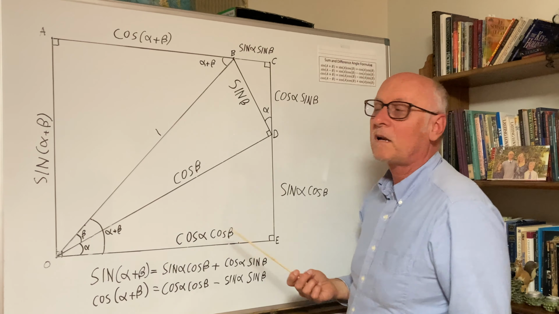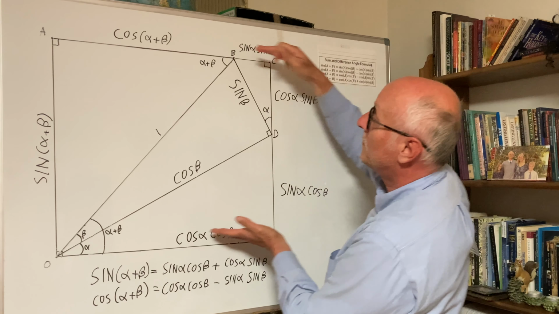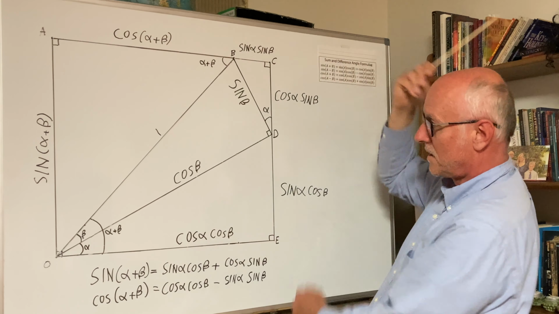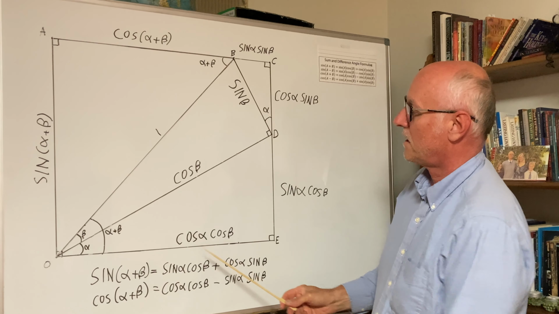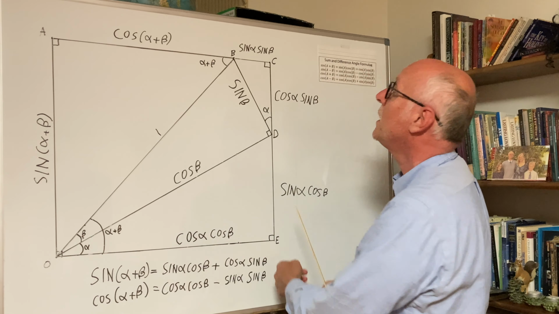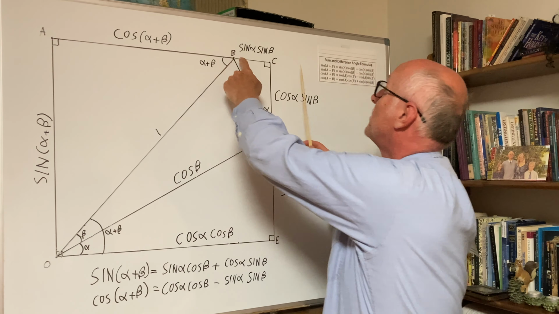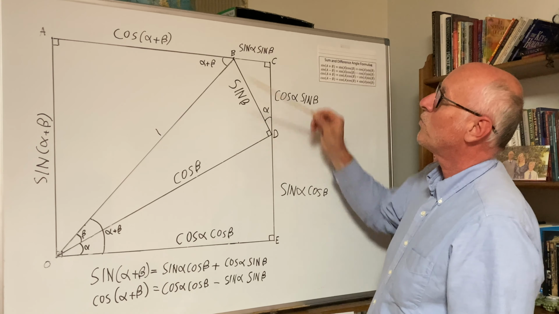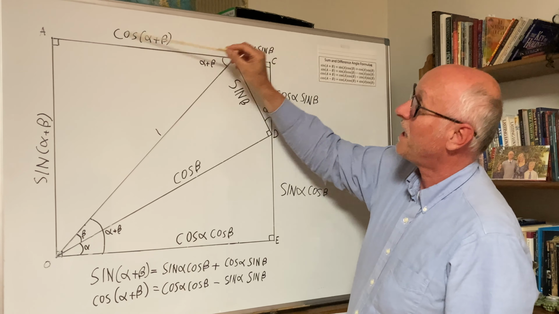And similarly, for the cosine of alpha plus beta, look at this. We work on these horizontal lines, and you notice that segment OE is equal to AB plus BC. And we are after, of course, the cosine of alpha plus beta.